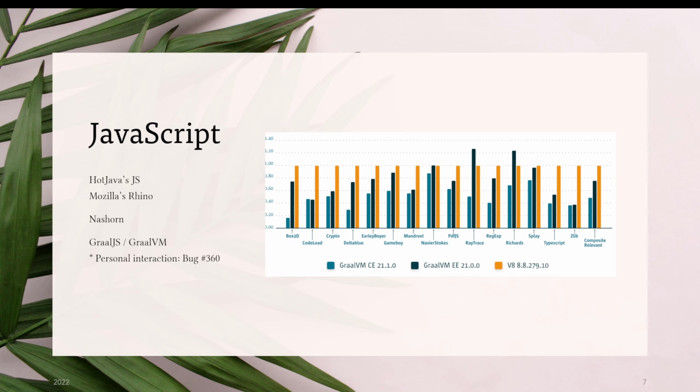Looking here at the ray trace benchmark, Java or GraalVM wins, but in regexp it is quite slower depending on the implementation. It is about 80%, and some customers would complain, look, we really need fast regex. For this case, I'm almost sure a person would report a bug, like I did myself, and if it were very critical, it would hopefully be fixed.